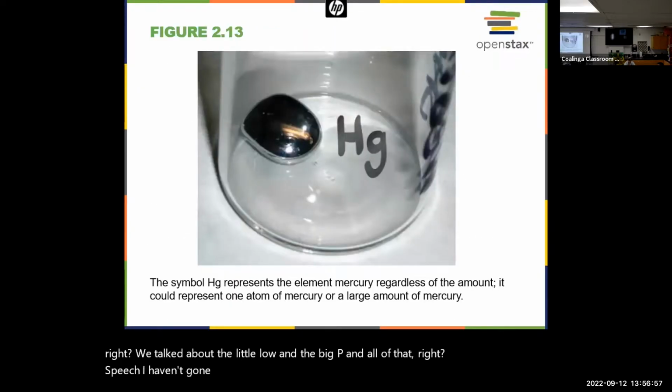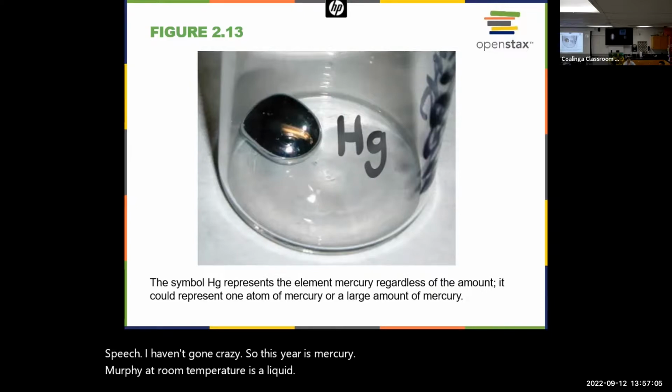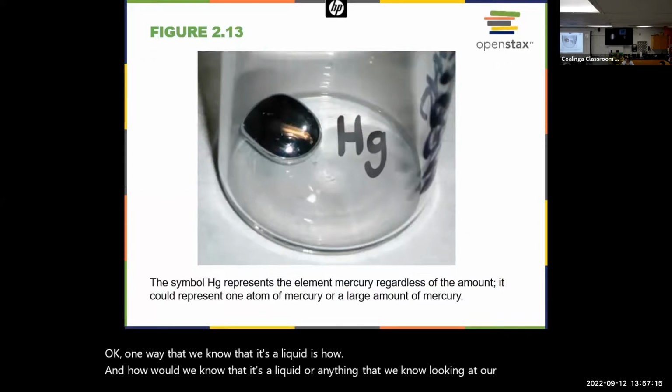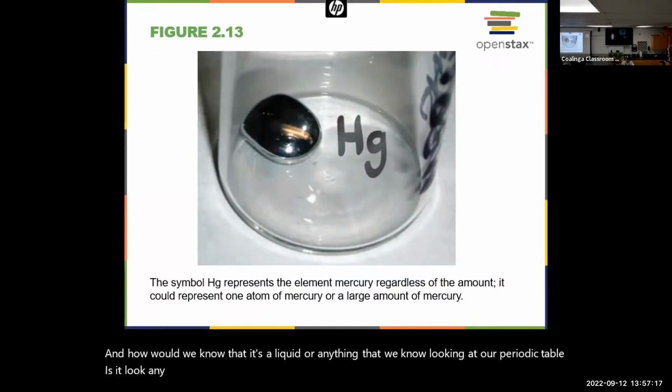So this here is mercury. Mercury at room temperature is a liquid. One way that we know that it's a liquid, at room temperature, is there anything we know looking at our periodic table? Does it look any different than anything else?